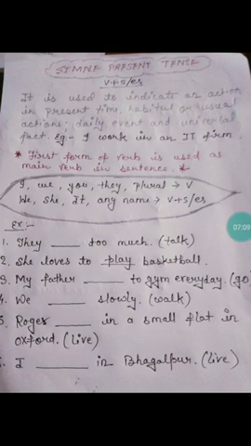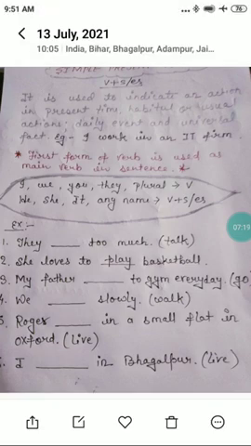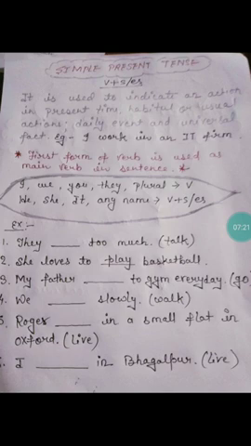And if that subject is he, she, it, or any name, singular, any one name, then s or es will be added to that verb. This is the easiest method to recognize any simple present tense.